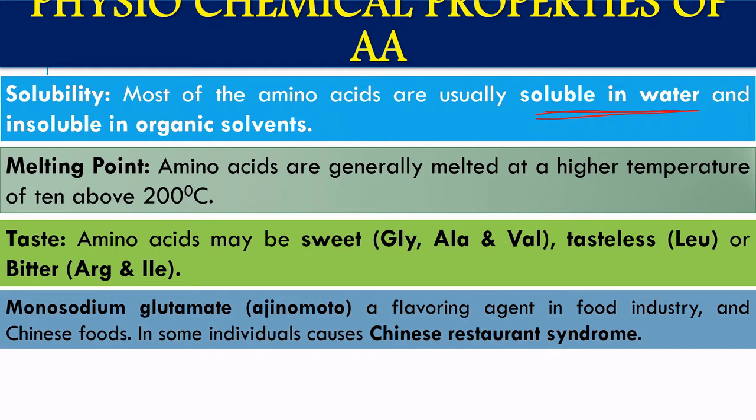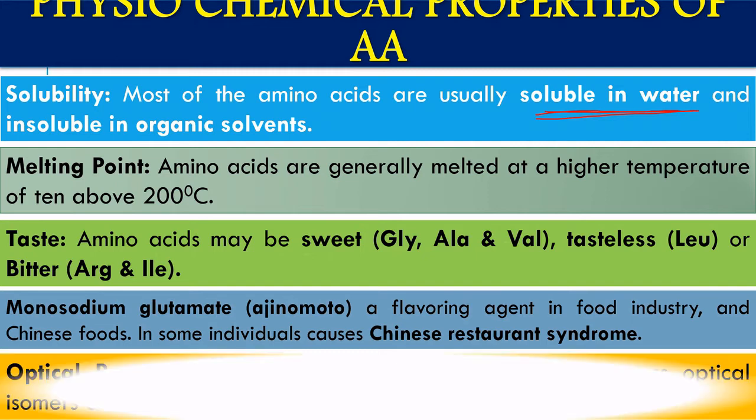In some individuals it causes Chinese restaurant syndrome. It is a salt-like crystal which we normally use in Chinese food, and it works on our taste buds and increases the good feeling. That is why everyone likes Chinese food, because of this Ajinomoto.